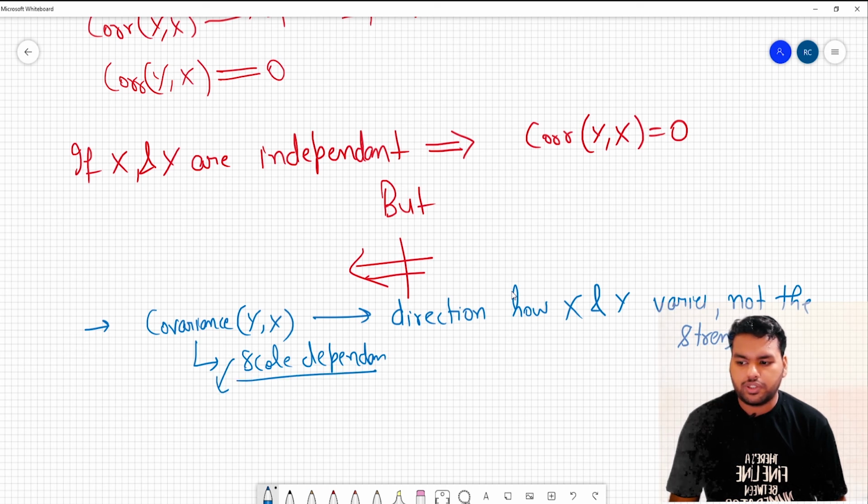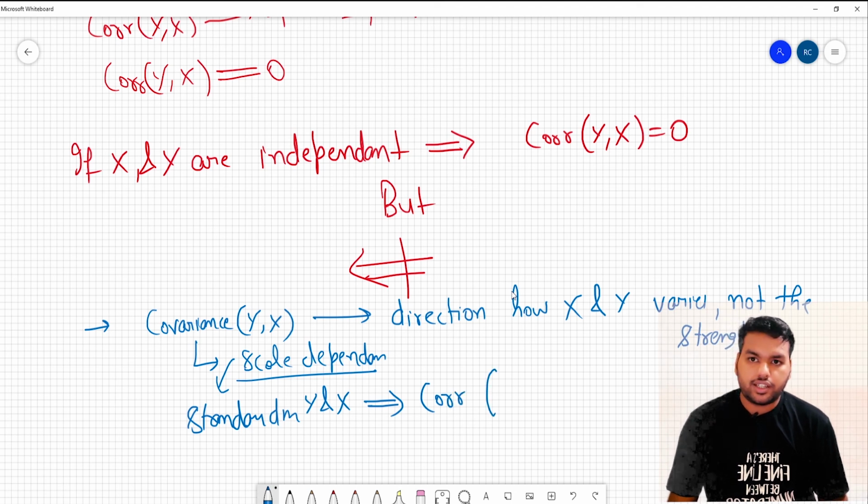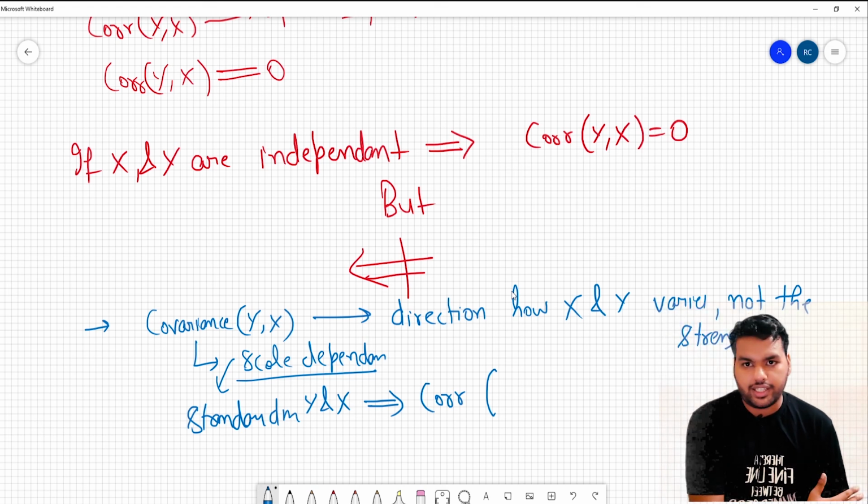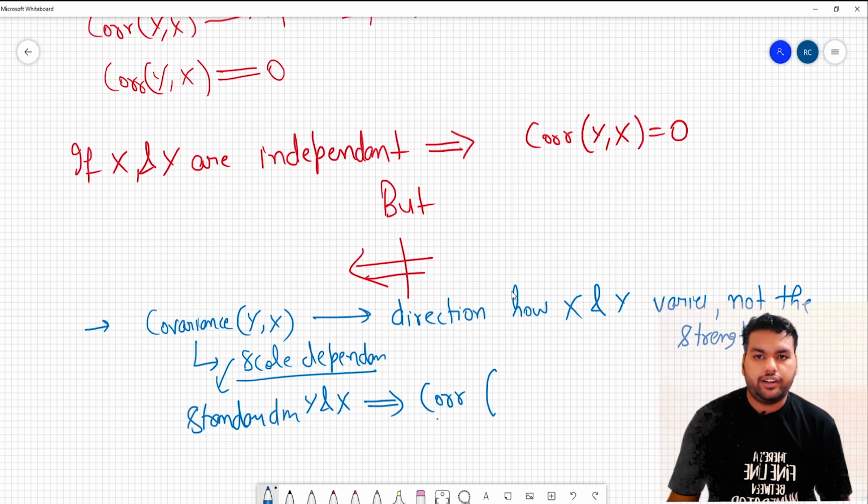To remove this disadvantage of the covariance, we standardize y and x, and we come up with the correlation. The correlation is the covariance between the standardized y and standardized x. Correlation lies between -1 and 1, and if it tends to 1, we have a strong correlation. If it tends to -1, we have a weak correlation.